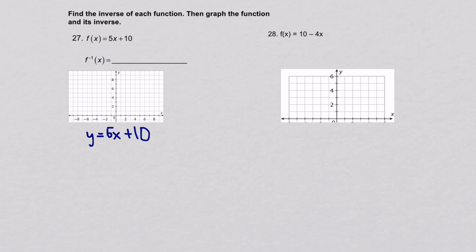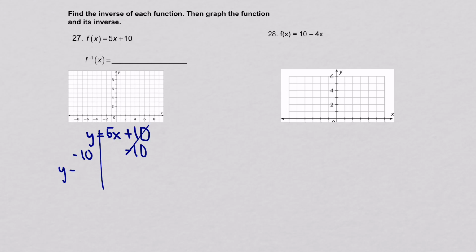Okay. Step 2, and this is where we can go 2 different routes. Some people prefer to reverse the x and the y right now. Some people prefer to solve for x first and then reverse the x and the y. Either way you're going to end up at the same place. I'm going to solve for x right now by subtracting 10 from both sides.